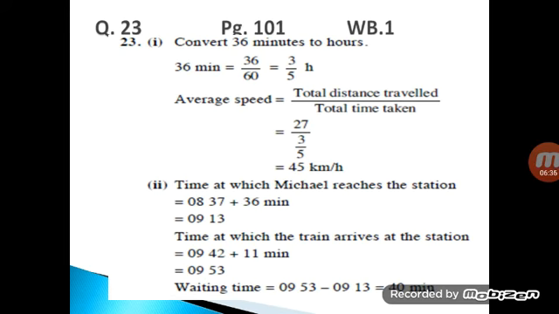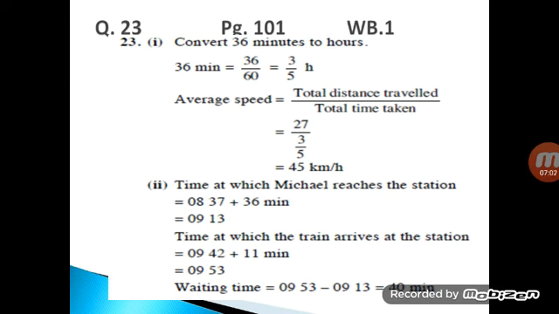The second part of this question is: if the train, which is due at 9:42, is 11 minutes late, how long will he have to wait? Now the train is 11 minutes late. The time at which Michael departed was 8:37. 36 minutes it took to reach the station.